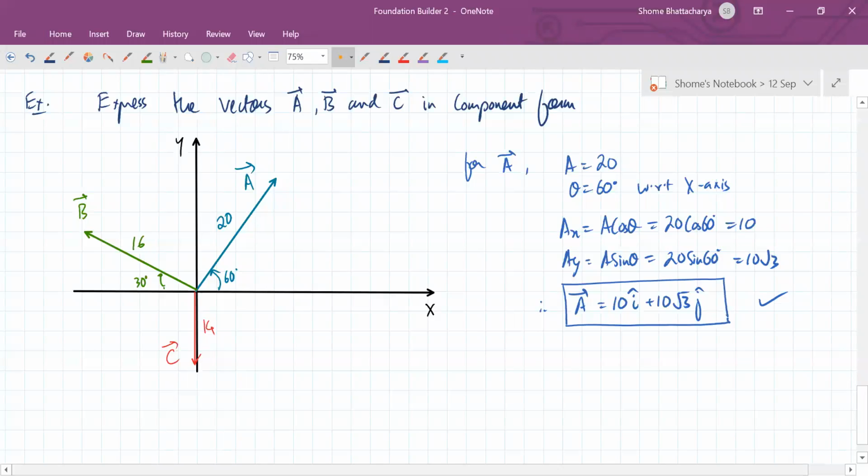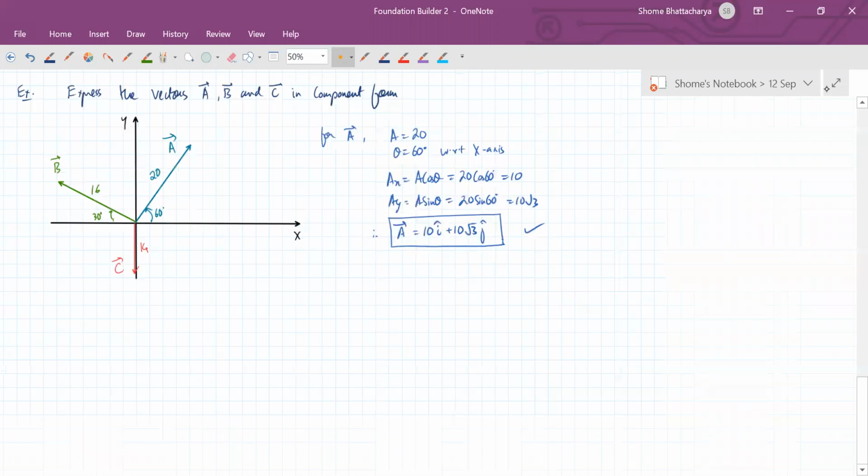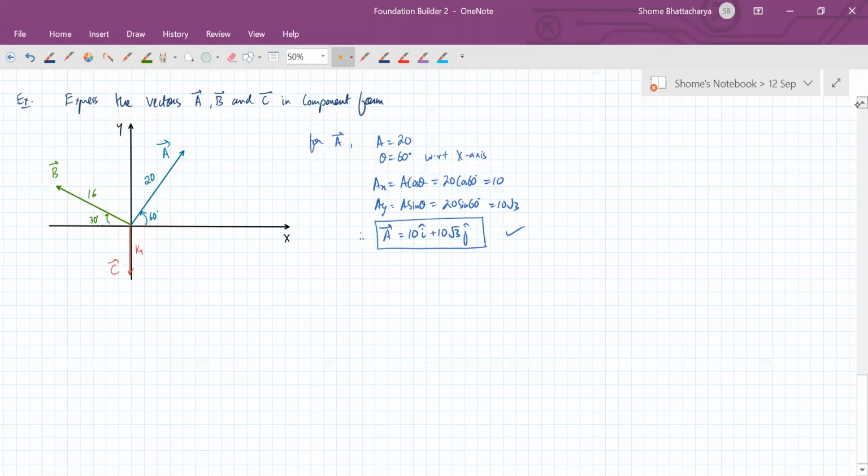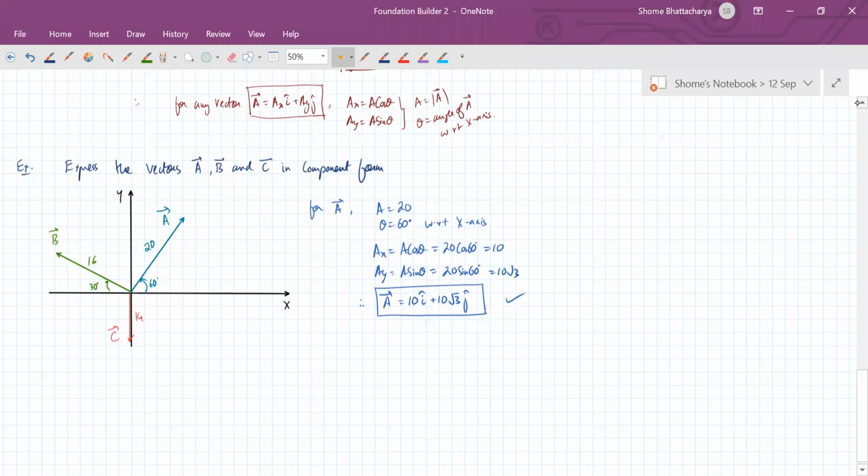ये हो गया vector A. Okay. Just write this down carefully and try out the second part yourself.